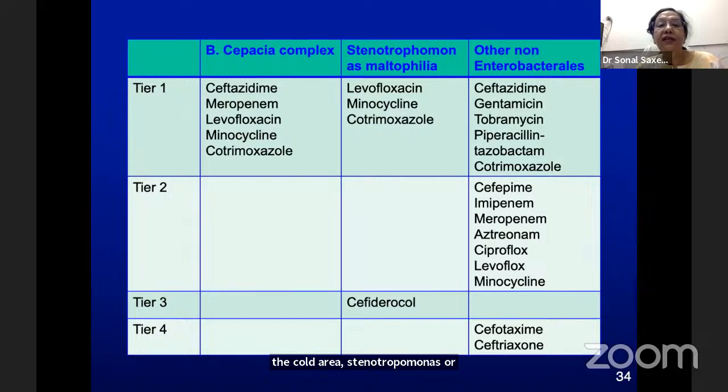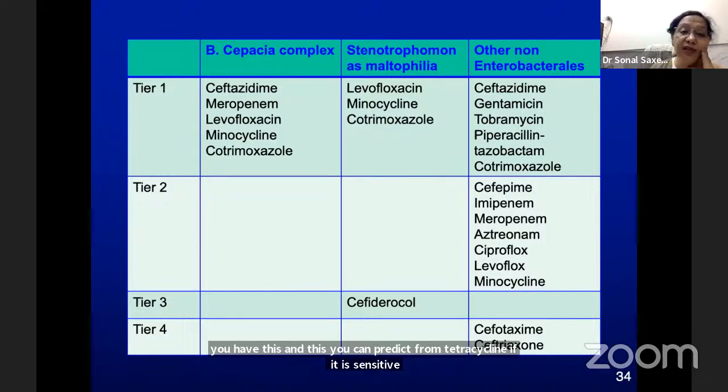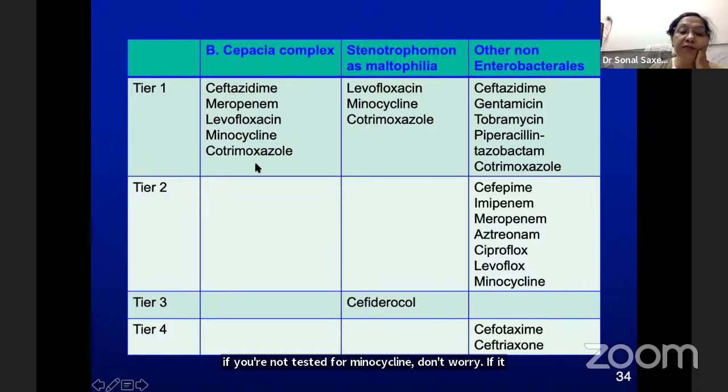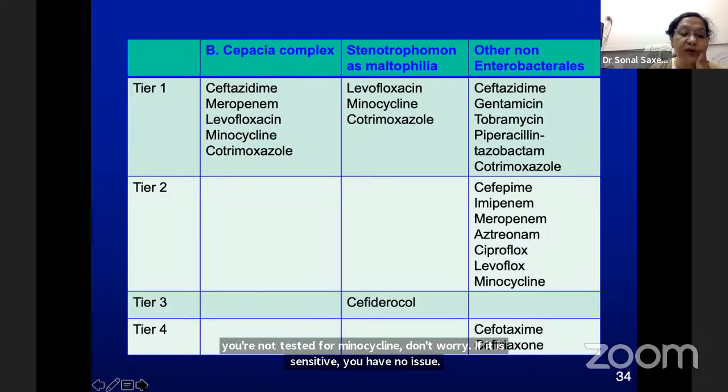Now, one of the tricky things here is that Stenotrophomonas and Burkholderia cepacia complex both respond very well to minocycline. So always remember it as a go-to drug when you have this. And this you can predict from tetracycline if it is sensitive. If you have not tested for minocycline, don't worry. If it is sensitive, you have no issue. Again, ceftazidime, meropenem, cotrimoxazole, all this can be there.